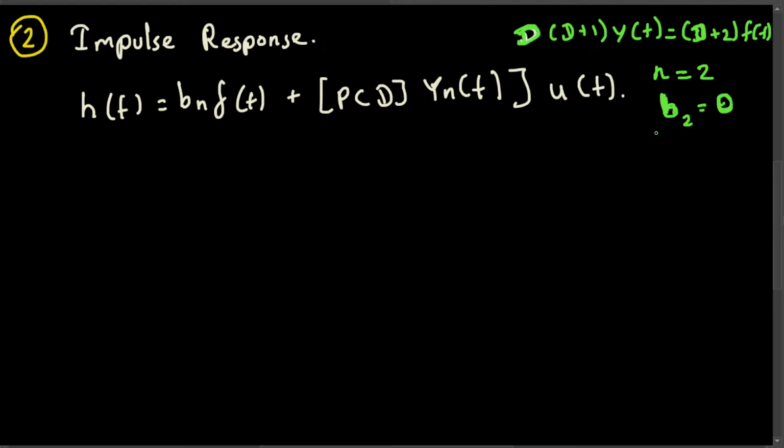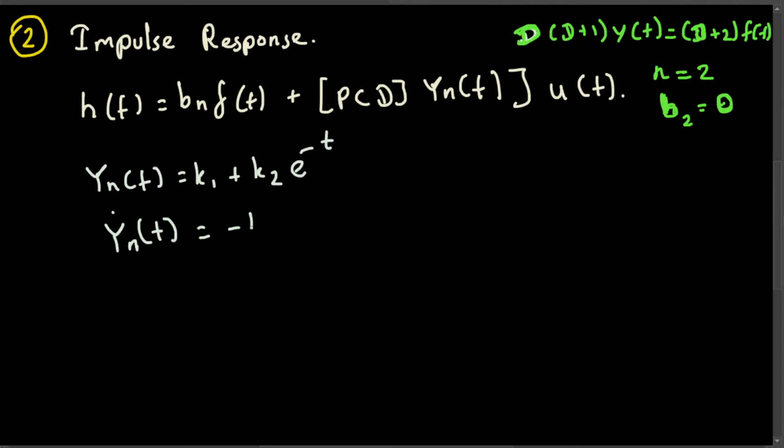Once you have found that, we can write y_n(t) is equal to k1 plus k2 e^(-t), and if you take the derivative, that is negative k2 e^(-t).